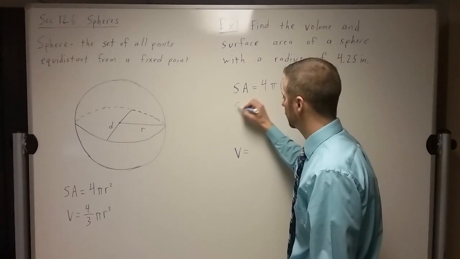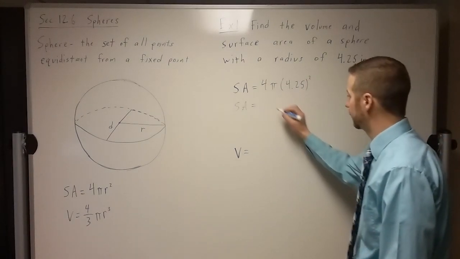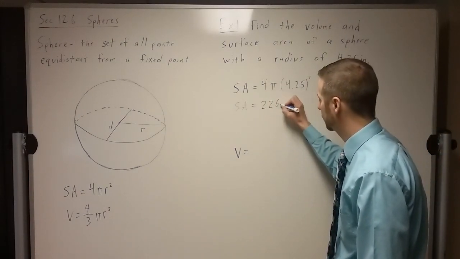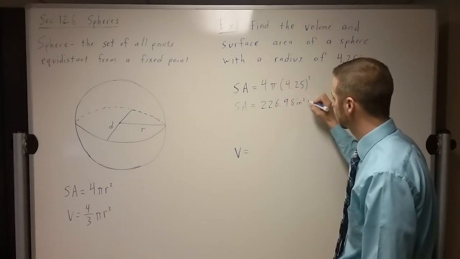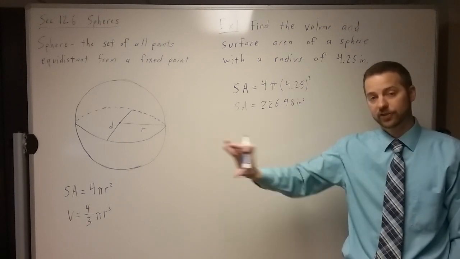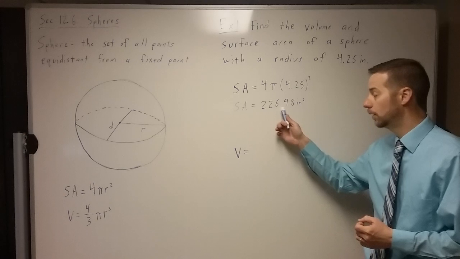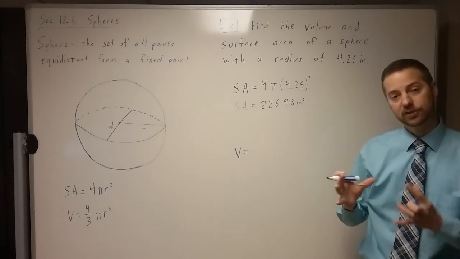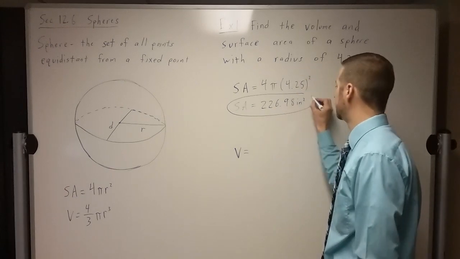When I do that, in this particular one, I get that the surface area is about 226.98 square inches. Now, that's using the pi button in the calculator, getting 10 digits of pi instead of using 3.14. If you use 3.14, you're going to get something close to this, but you might be off by just a little bit. So there's the surface area of that.